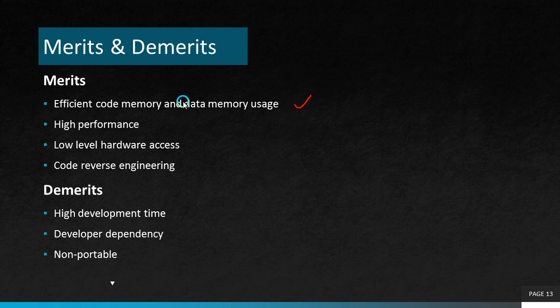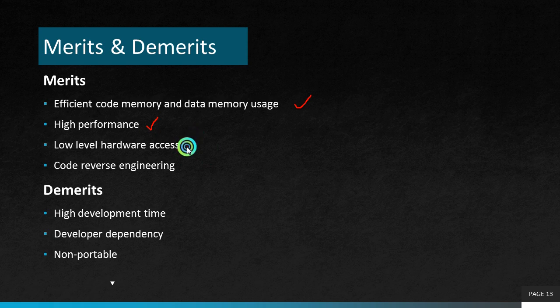This leads to less utilization of code memory and efficient usage of data memory. Second merit is high performance. Optimized code will also improve the total system performance, hence calls for high performance.